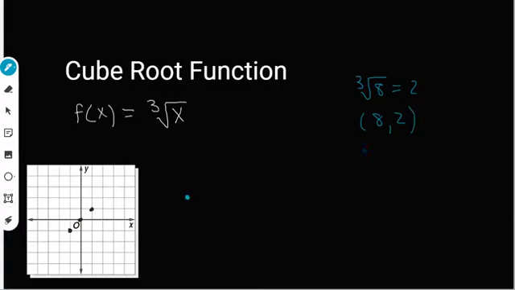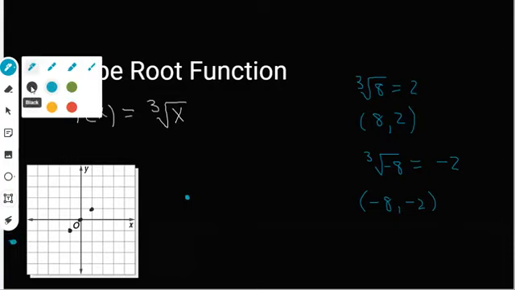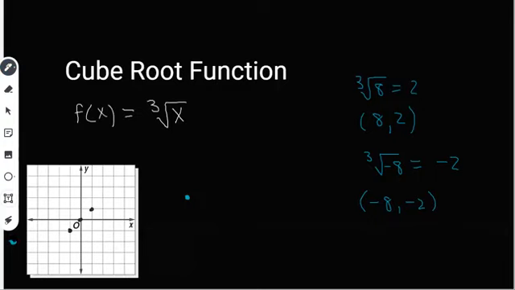And then you could have the cube root of negative 8, right? The cube root of negative 8 is negative 2. So you could have the point negative 8, negative 2. That would look kind of like this, I guess. And then you just kind of connect the dots, right?